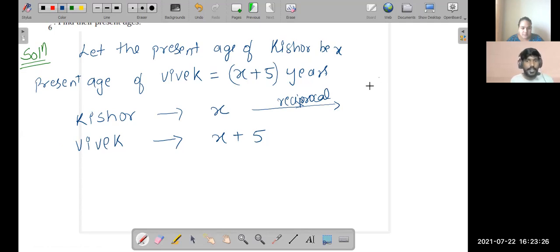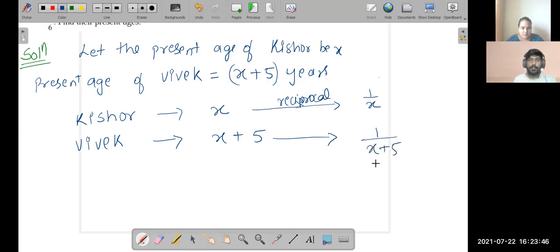What is the reciprocal of X? Are you there? 1 upon X? Yes, I'm there. And what is the reciprocal of X plus 5? 1 upon X plus 5? Yes, 1 upon X plus 5.